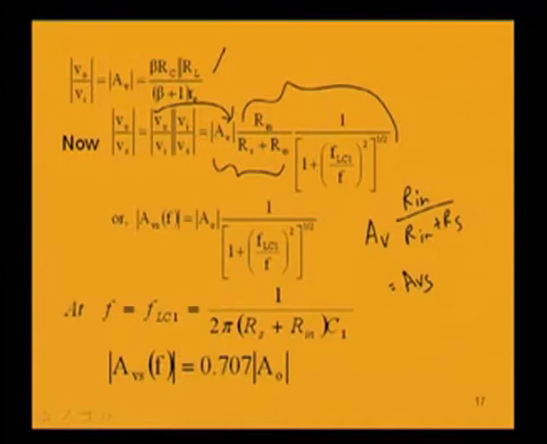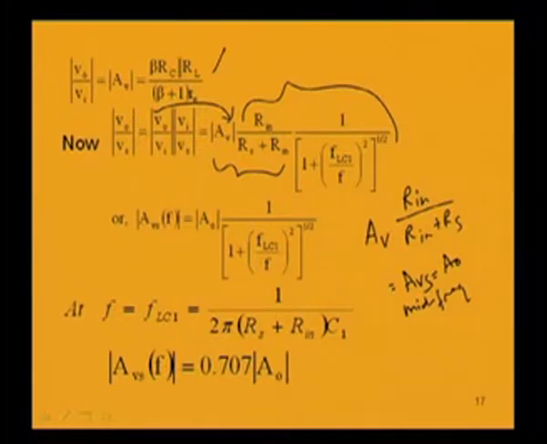That is nothing but again A naught in the mid frequency region. So, mid frequency region voltage gain is A naught, magnitude we are considering. Another part is there, which is 1 by (1 plus (FLC1 by F) whole square) to the power half or under root.